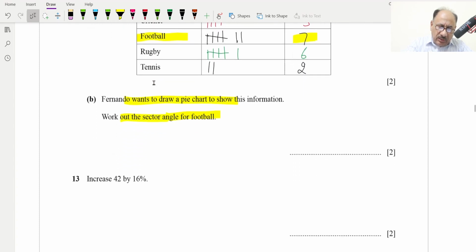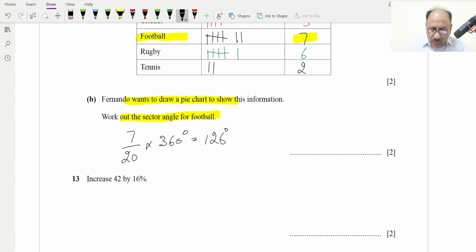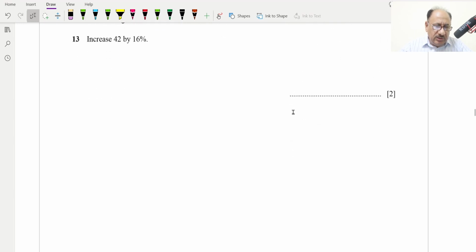So we can write 7 out of 20, and this will be multiplied by 360 to calculate the pie angle. So 7 over 20 multiplied by 360 is equal to 126. So 126 will be our answer for this part.